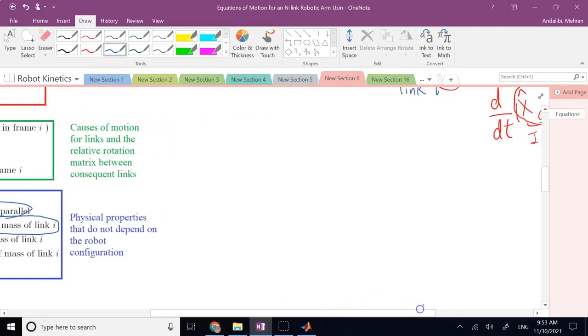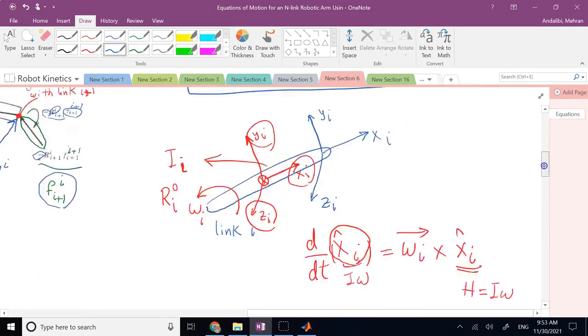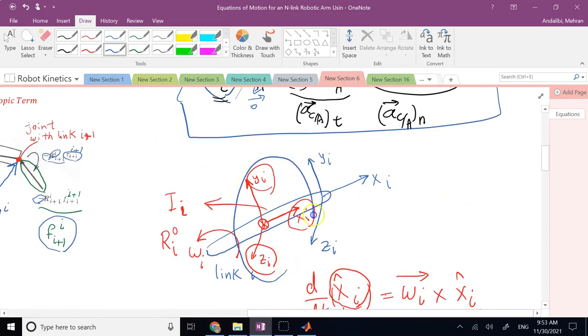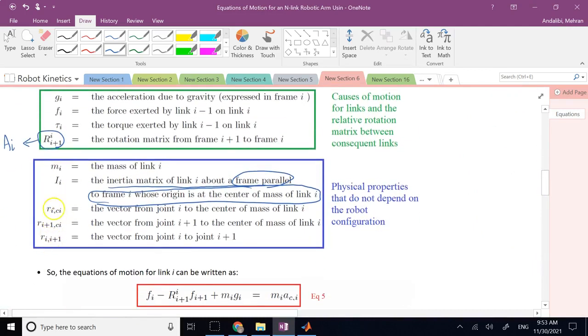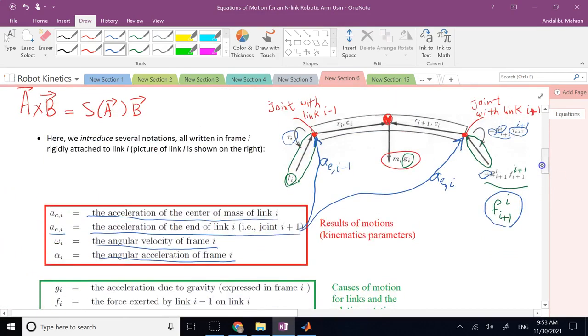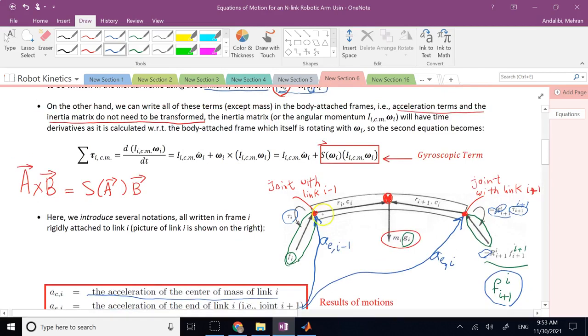So it's exactly this one that I mentioned for you here, right? This one. And now going back, these vectors are also clear, right? There is r of I ci, r of I plus 1 ci, both of them you can see here, and then r of I plus 1, which we never use, but that's the vector directly going from one joint to the next. So this is like r of I and I plus 1.